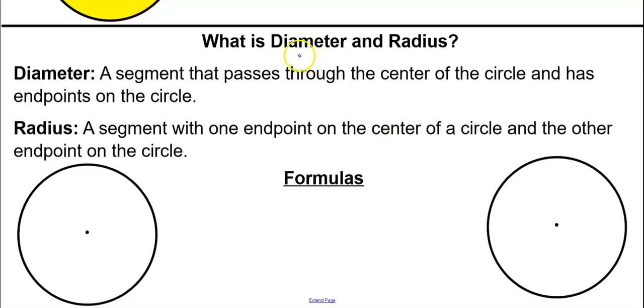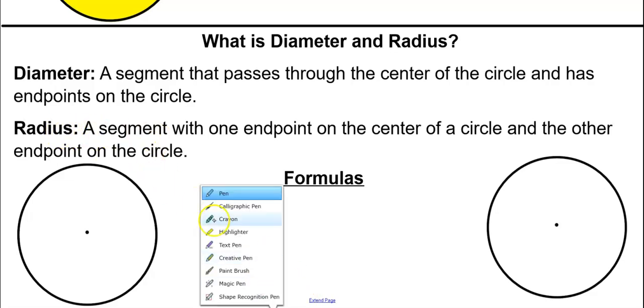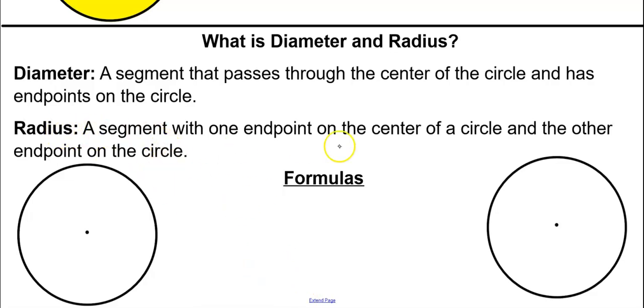The distance that we are from the center is called the radius. A radius is a segment with one endpoint on the center of the circle and the other endpoint on the circle. So a radius is this length right there. That is my radius.